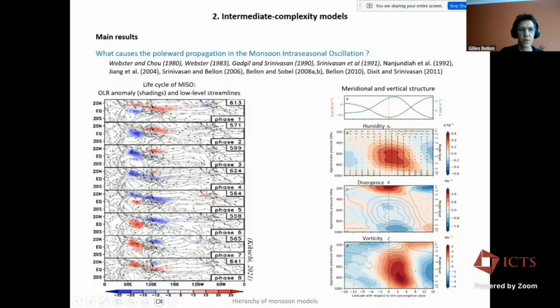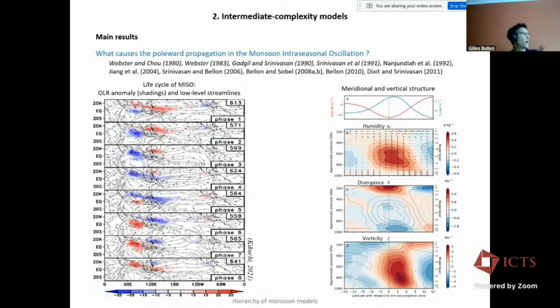But what's interesting is that when you look at the longer tail over the maritime continent and then over the Western Pacific, it's much less the case. There the moisture convergence is a significant factor. So when you compose it over the whole mode, you have a little less of an impact of the horizontal advection of moisture.